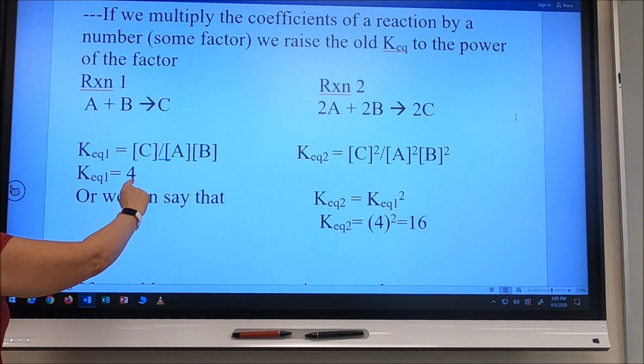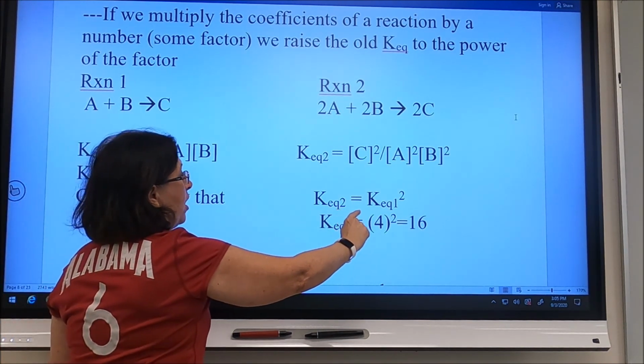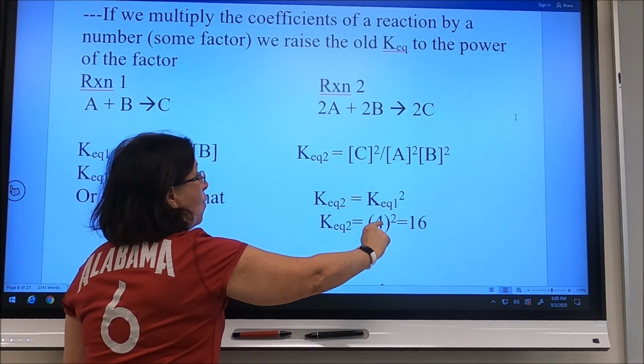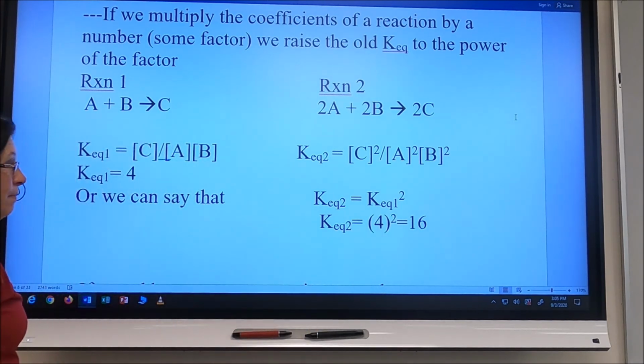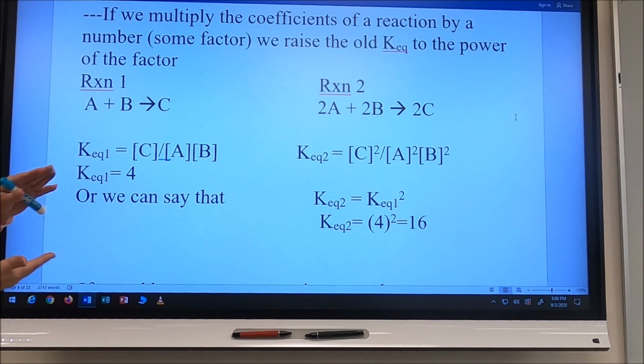So if equilibrium constant 1 is 4, equilibrium constant 2 would be 4 squared, or 16. Again, if we're looking at ultimately being able to combine different reactions together to create a new reaction, we might have to multiply through by a coefficient.